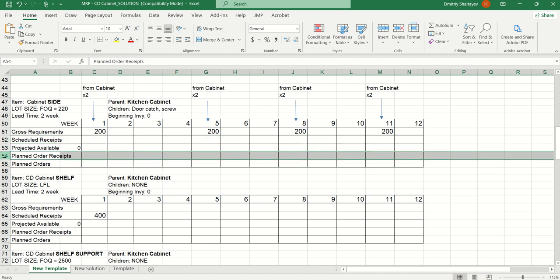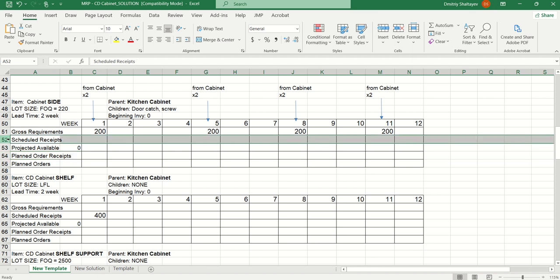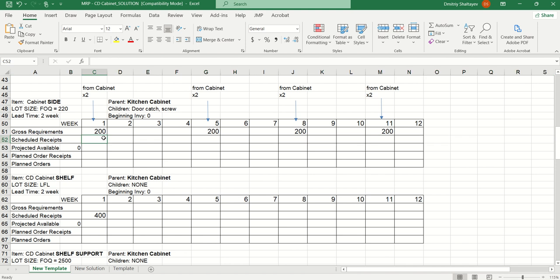Planned orders is something that I'm planning in the future to receive, and it's not even ordered yet, okay? Both events, order placement and order receipt, they're both in the future. Scheduled, order has been already placed, and delivery is expected, okay? So these 220 units that you're seeing in the handout, right? That's basically a done deal, all right?